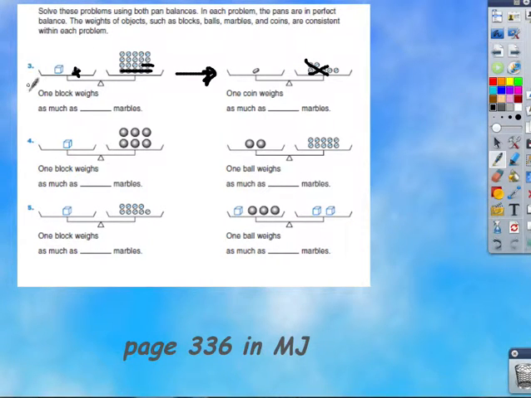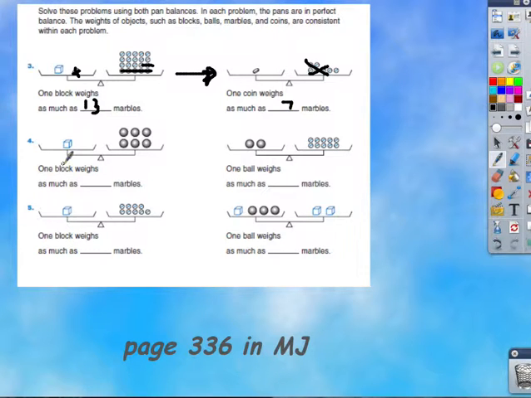Now all I have left is 1 block and 5, 10, 11, 12, 13 marbles. So 13 marbles would go here, and 1 coin weighs as much as we had said 7 marbles.